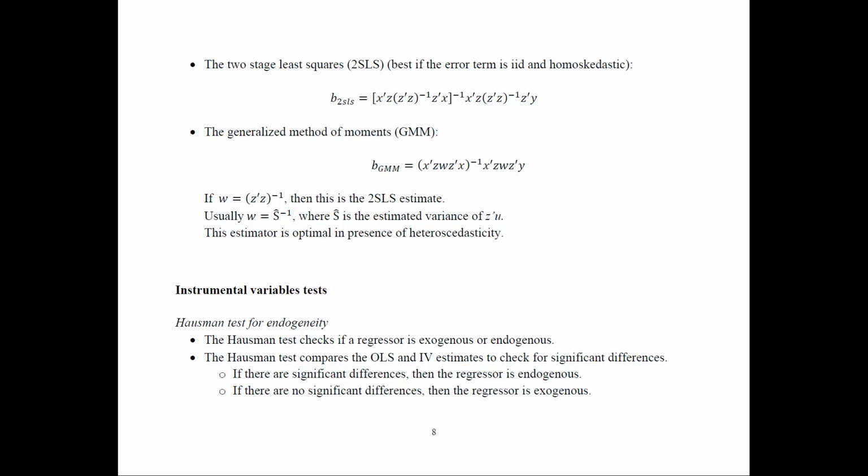So what we're saying here is that if we don't use the raw endogenous variable, but instead we use the predicted values, if we regress that same endogenous variable on instruments, and if these coefficients are really different from each other, then that would be a justification for using instrumental variables, and we would conclude that the regressor is endogenous. And if there are not significant differences, basically the instruments aren't helping too much, and the estimates are very close to each other, then we would have that the regressor is exogenous. And in this case, there is no point in using IV estimates.